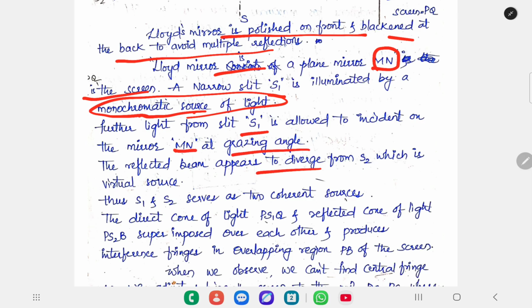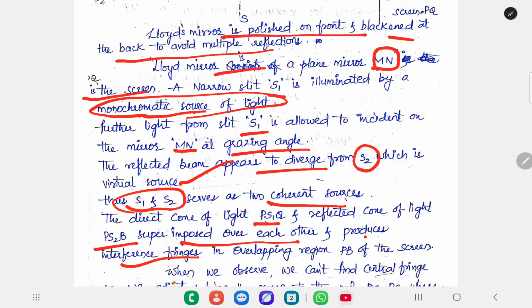The reflected beam appears as if it is coming from S2, so that is a virtual source. S1 and S2 serve as coherent sources. The direct cone of light P(S1Q) and the reflected cone of light P(S2B) superimpose over each other and produce the interference fringes.